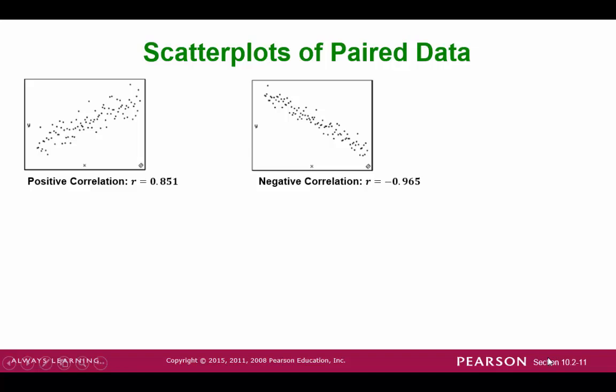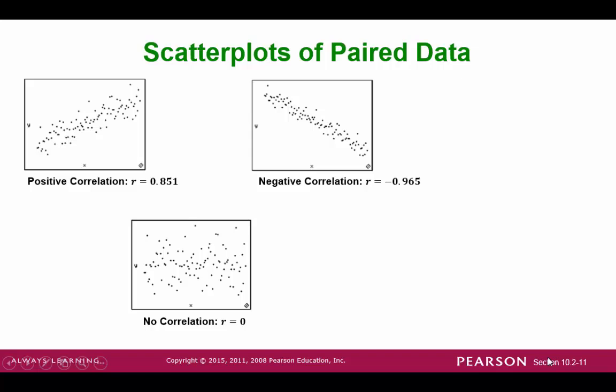A negative correlation would be when the set of dots, or these data points, seem to be moving downward from left to right. So in this case we have a negative correlation of negative 0.965.